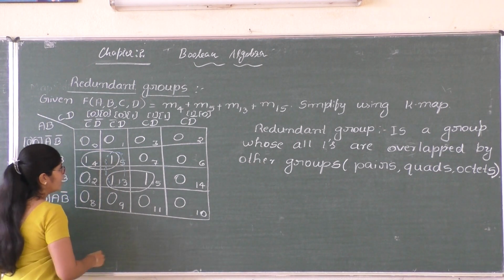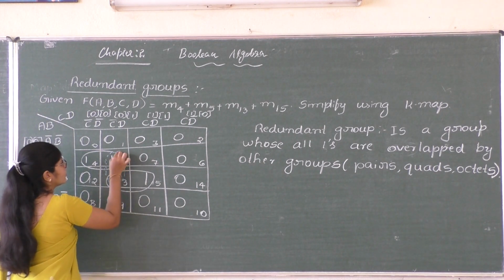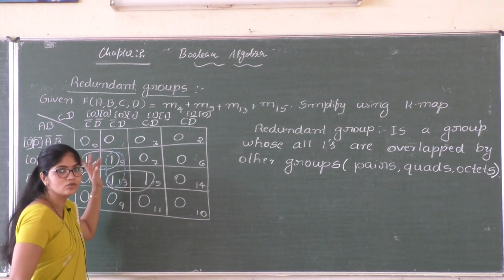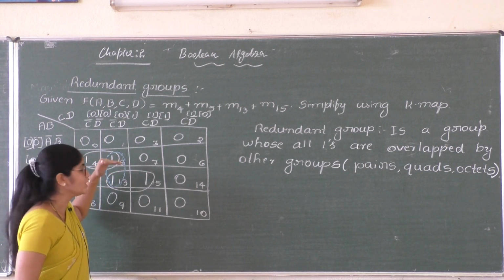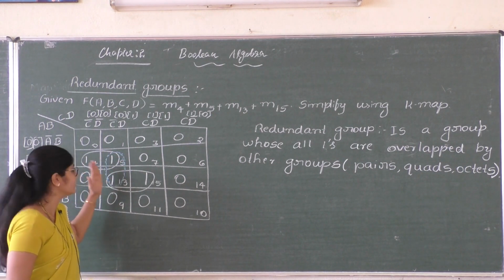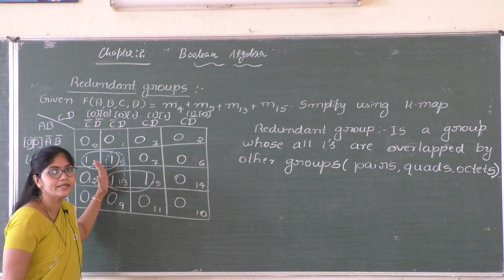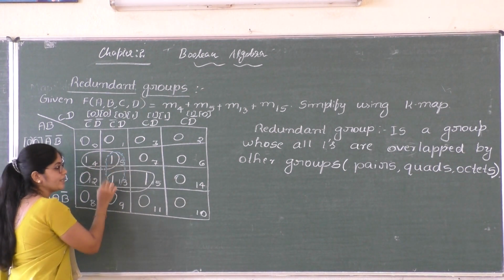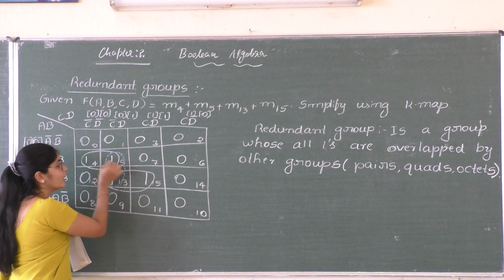here, this pair is having two ones. So a group of two adjacent ones is called a pair. This pair is called a redundant pair because all the ones in this pair are overlapped by other groups.